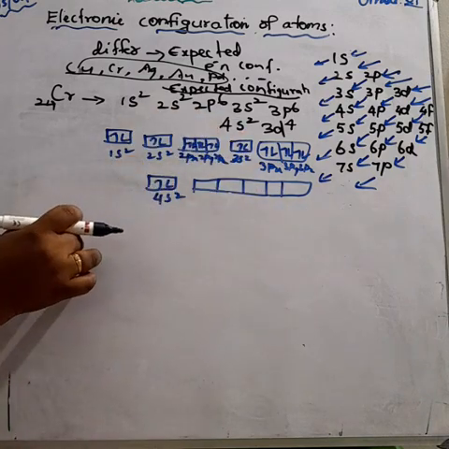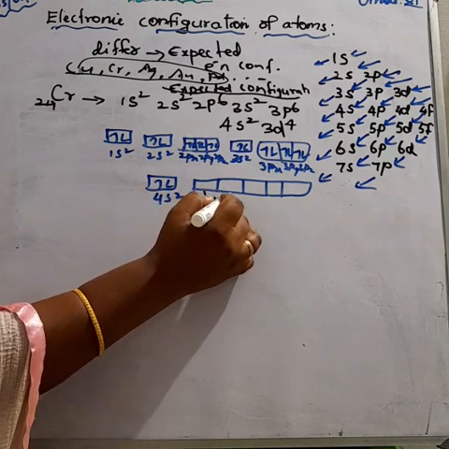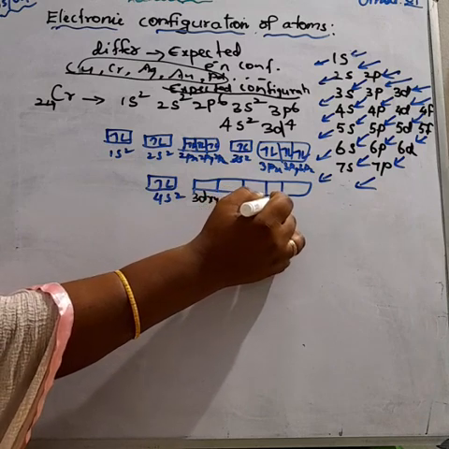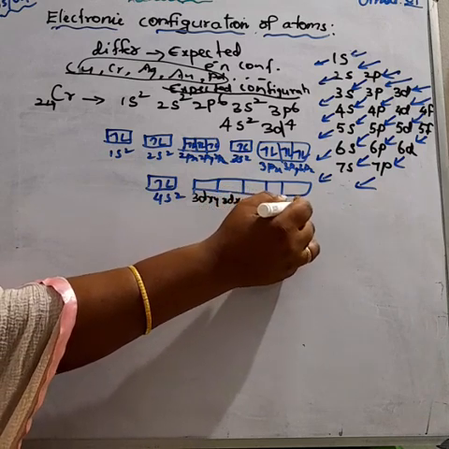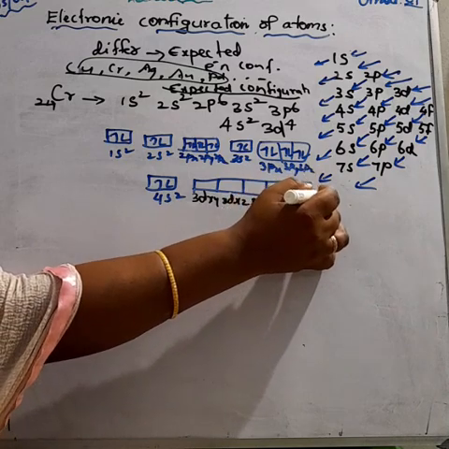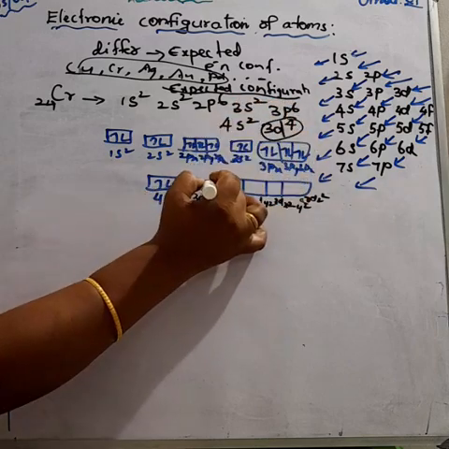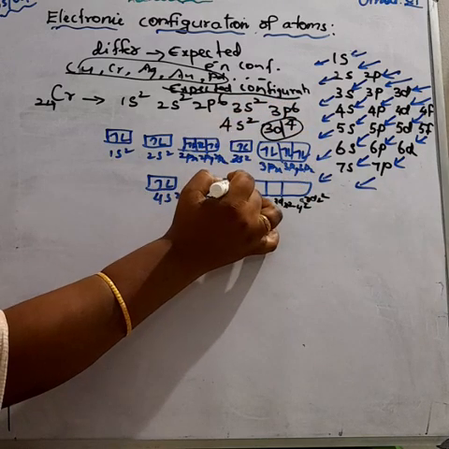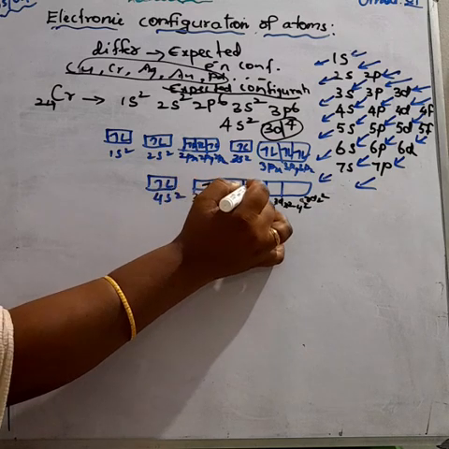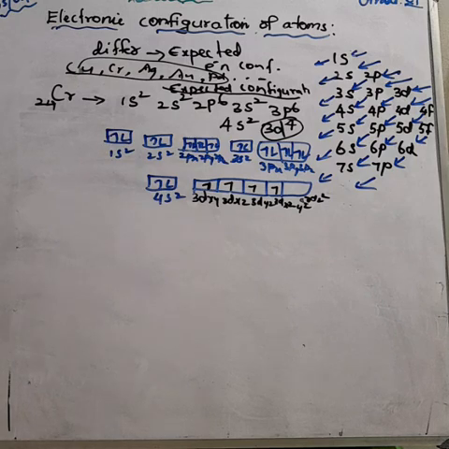We can designate them as 3dxy, 3dxz, 3dyz, 3dx square minus y square, 3dz square. How many electrons do we have here? Total 4 electrons. According to Hund's rule, we fill singly: first, second, third and fourth. Totally only 4 electrons here.